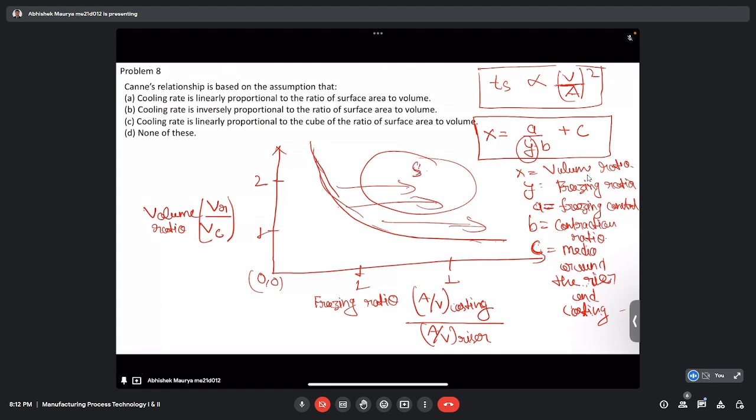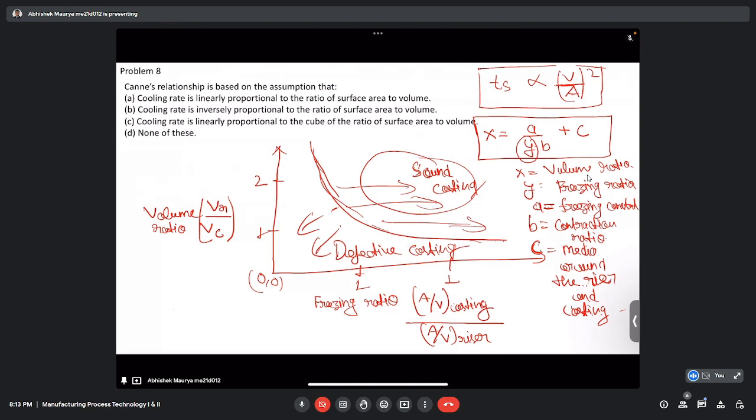So this zone is called sound casting. Whereas if we have designed the riser and casting in such a way that it comes in this zone, then this is the defective casting. This curve is drawn for a given material.